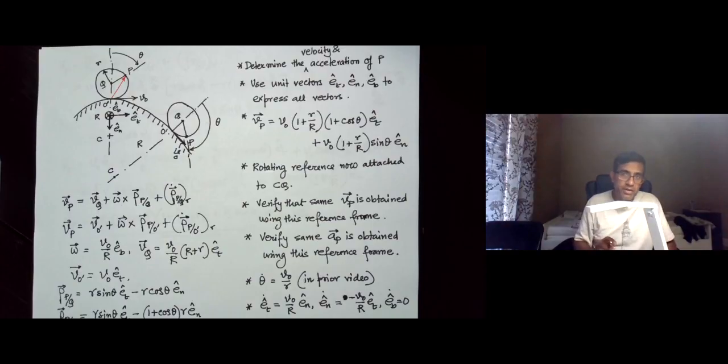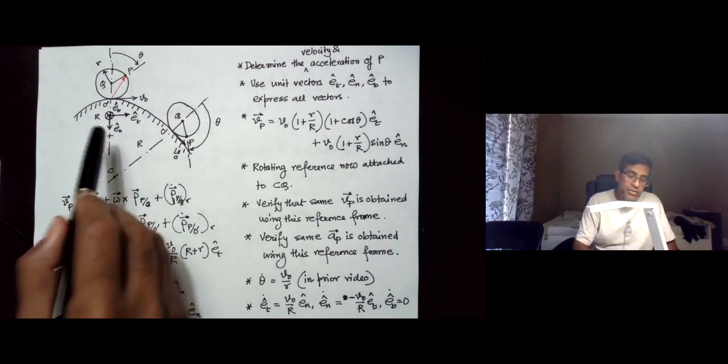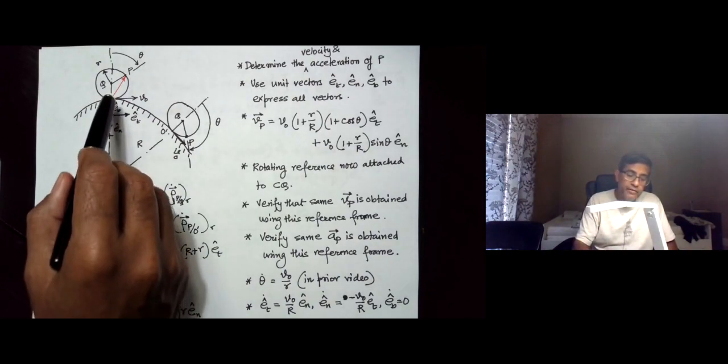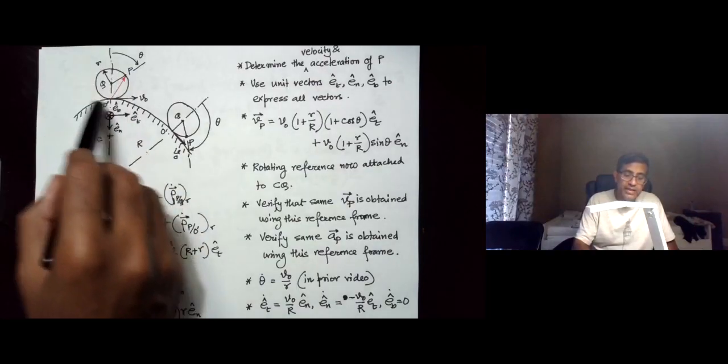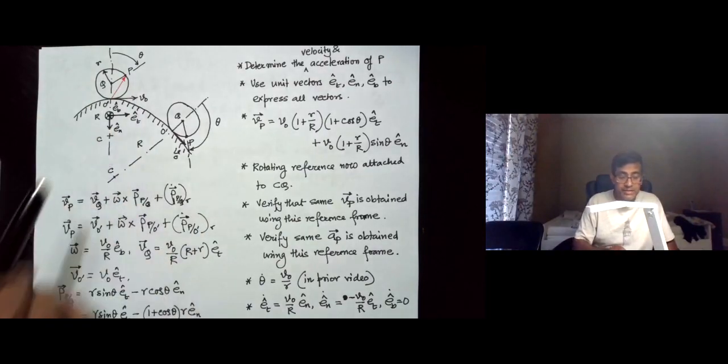And in the process we are also trying to distinguish rotating frames from the triads that are used to express vectors. In the previous parts, the first two parts, we used a rotating frame that is attached to and fixed to the disk.